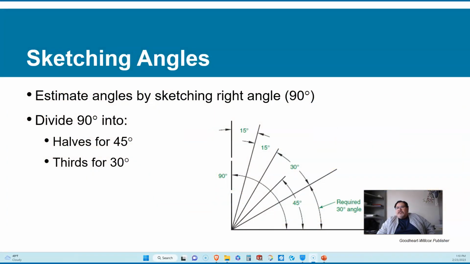Okay, this is about sketching angles. It's important to know about angles and know a little bit of the math behind them, and what a 90-degree angle is, and that half of that 90 degrees is 45, or that same 90 degrees broken up into 3 pieces is 30 degrees.